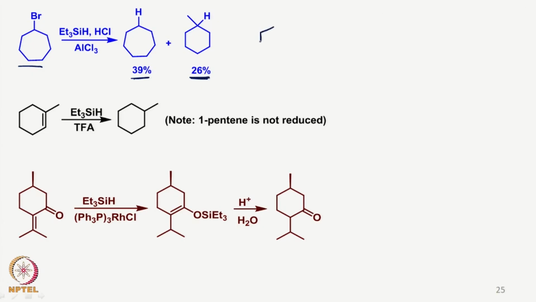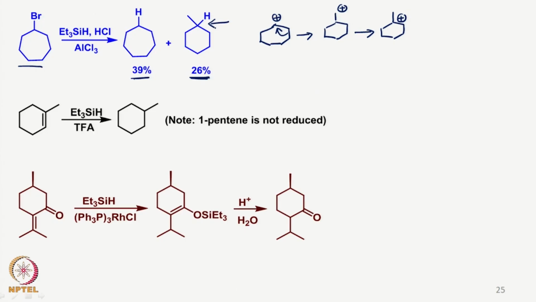That means here again one can expect the cation to form in here, but then there is a shift of this particular bond to form a primary cation, which looks similar to what we did earlier, and then this leads to again a carbocation shift, forming this tertiary cation, and that is what is leading to the formation of this particular molecule in 26% yield.